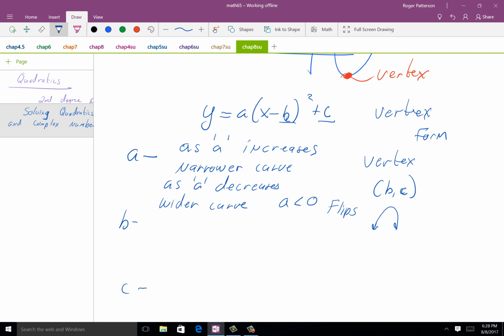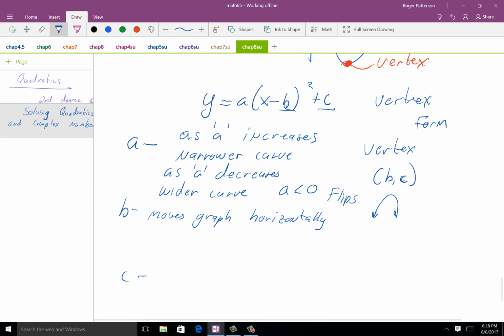All right, cool. What does B do? It determines the parabola's position on the x-axis. Okay? So it moves the graph in the x direction. We'll just say horizontally. Or you can say x direction if you want. All right? And it does that in B units.